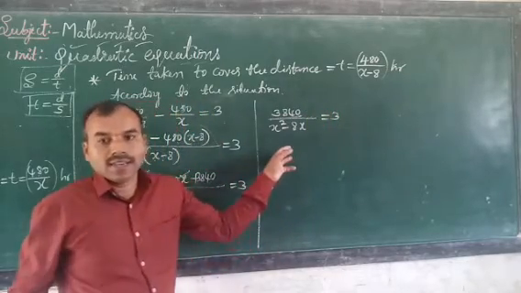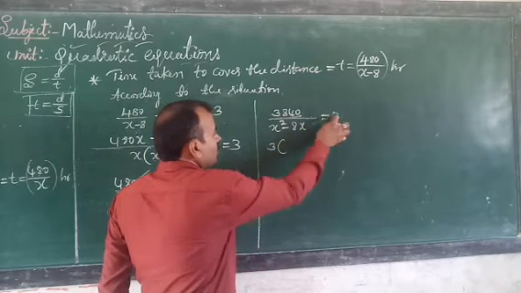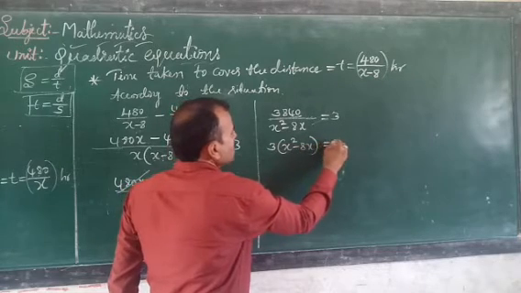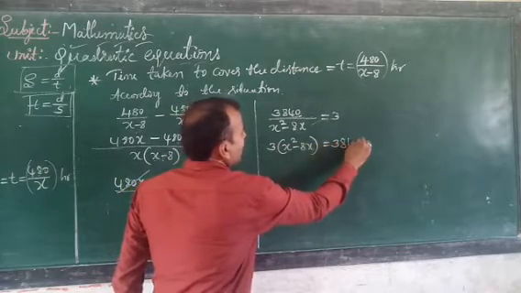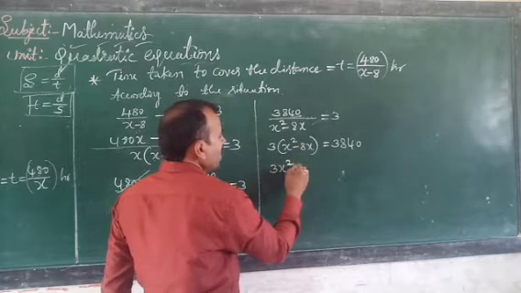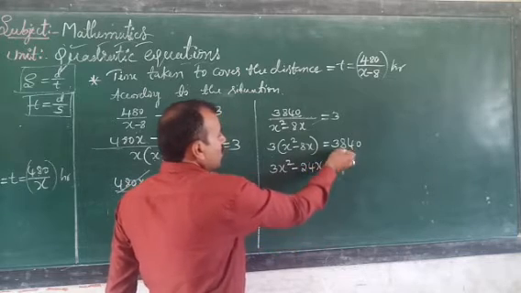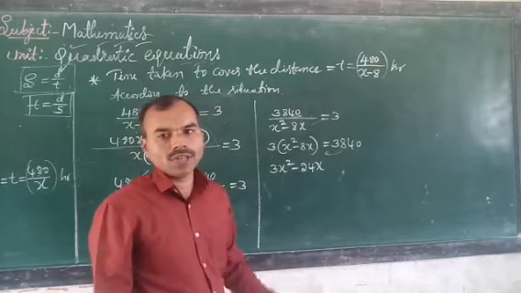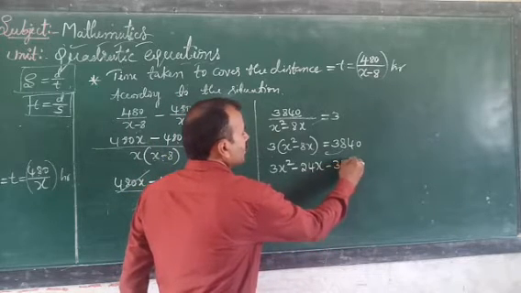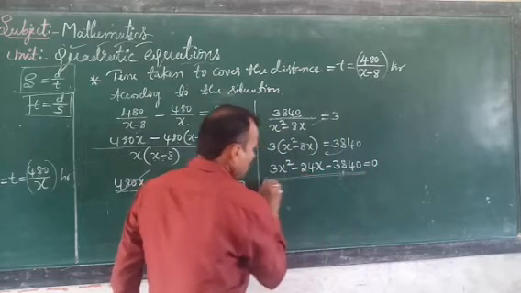Now taking cross multiplication, 3 into x square minus 8x equals 3840. 3 into x square, 3x square plus into minus 3 8s are 24x. Transpose 3840 to LHS. It is minus 3840. RHS is 0.